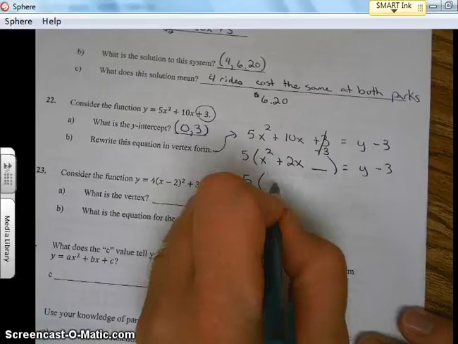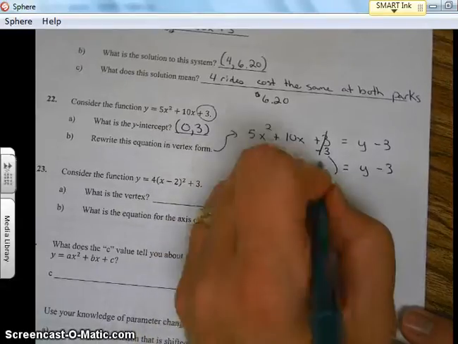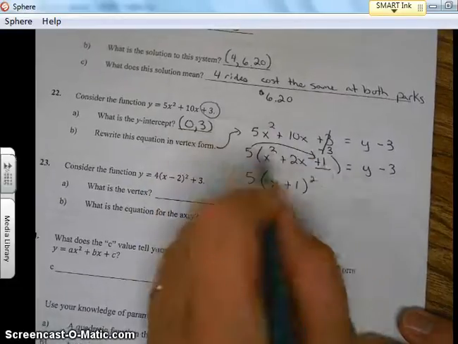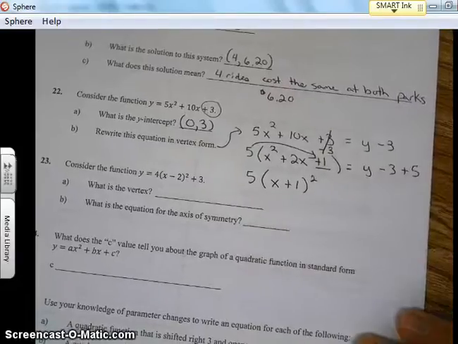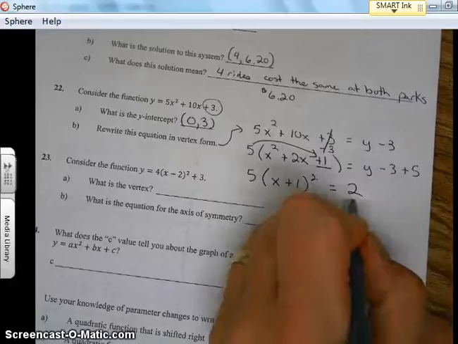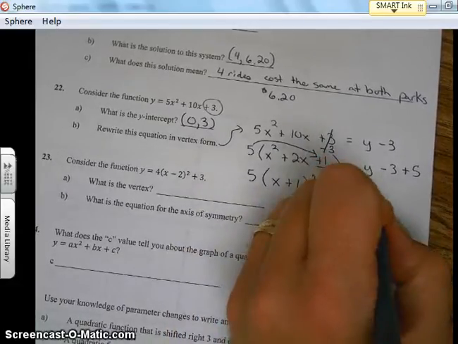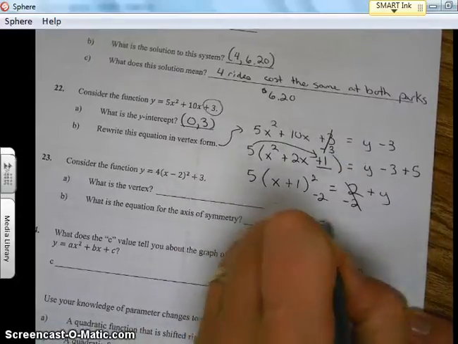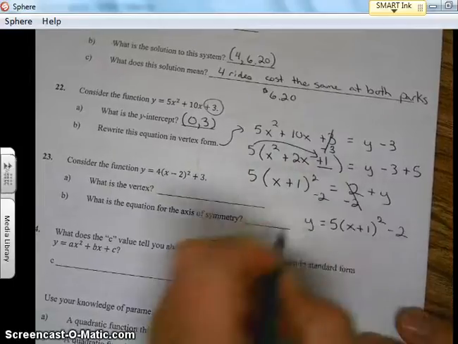So half of 2 is 1. 1 squared is 1. And then we have to multiply that by 5. 5 times 1 is 5, so I have to add 5 over here. And then I have to subtract the 2. So I'm going to do y equals 5 times (x plus 1) squared minus 2.